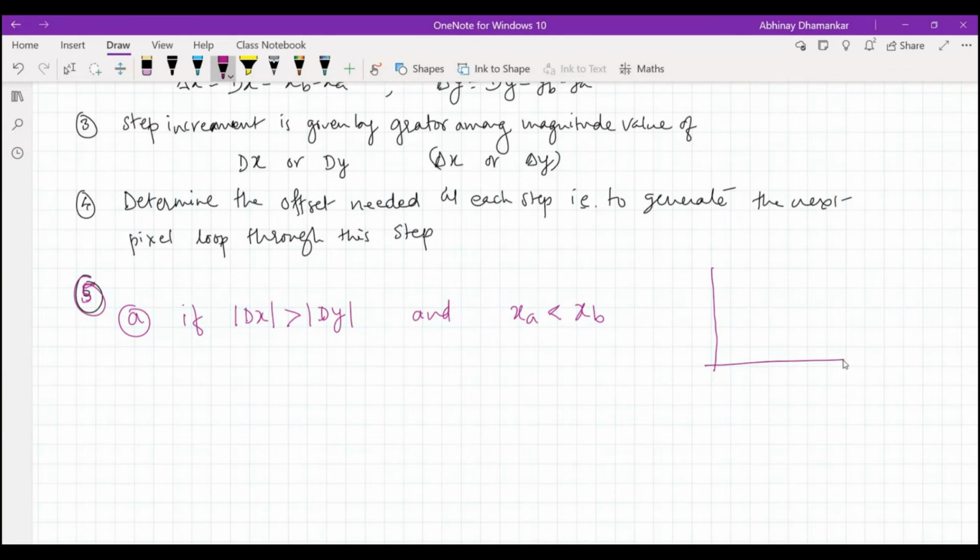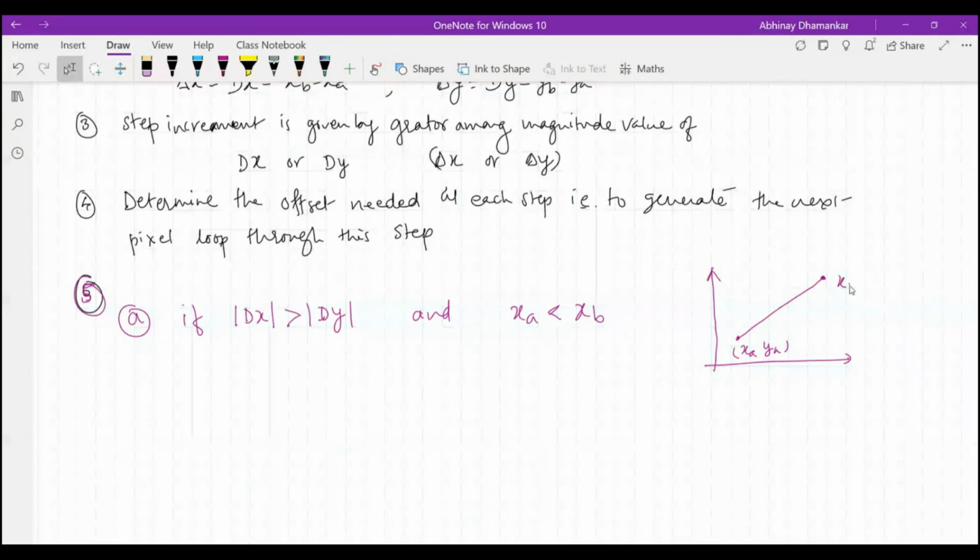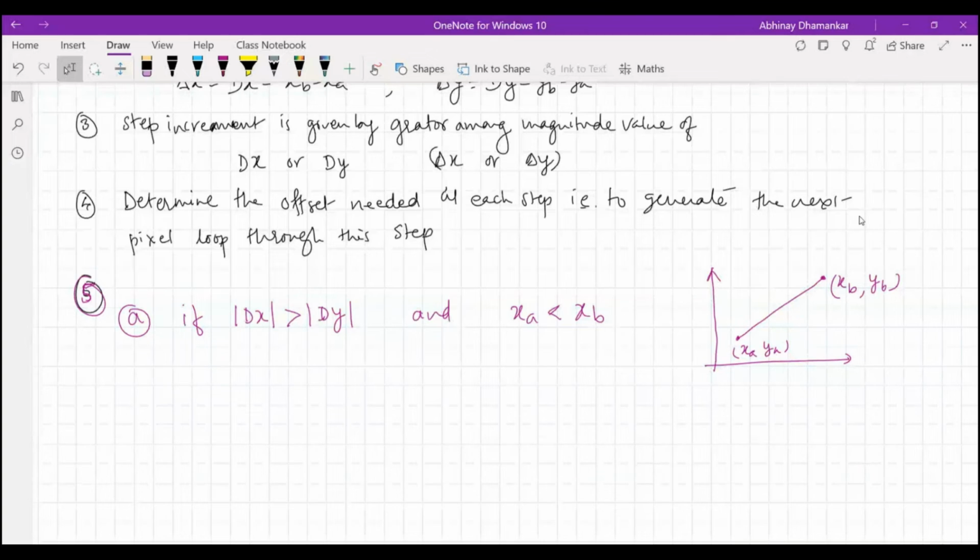Let's plot. Okay, let's say this is the line, and here xa ya, and here xb yb. These are the two endpoints, and observe the projection here, xa ya, and here xb, sorry, here yb, and here ya.